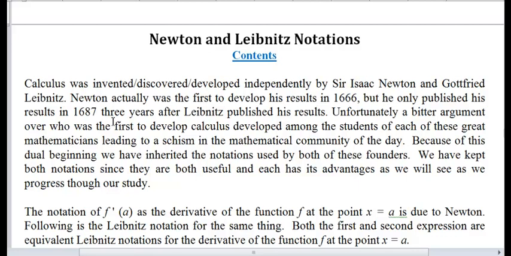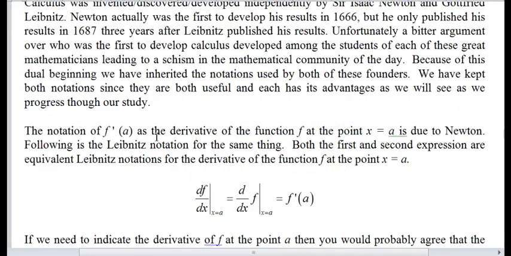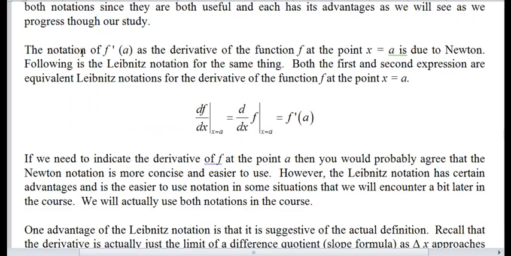As it turns out, historians now believe that both of these great mathematicians developed these ideas on their own, independent of each other. Because of that, we have developed different notations for the derivative, and we still keep and use both notations because they're both useful. When we say f prime of a is the derivative of function f at the point x equals a, that notation is due to Newton. So that's Newtonian notation.